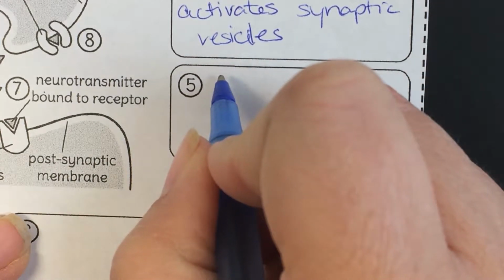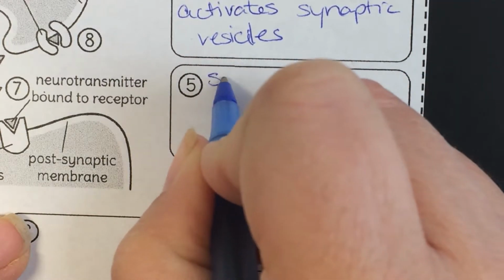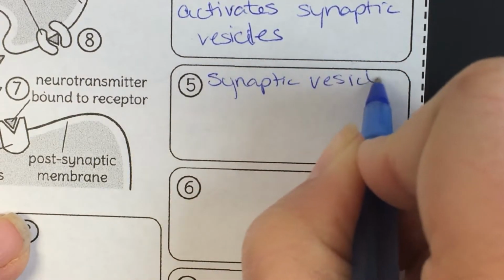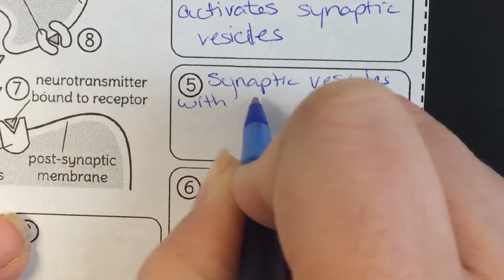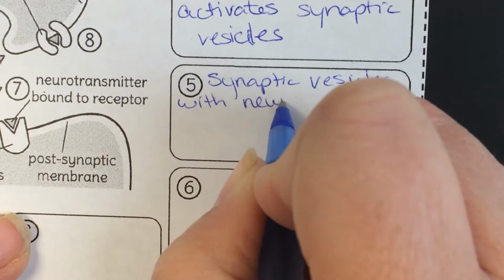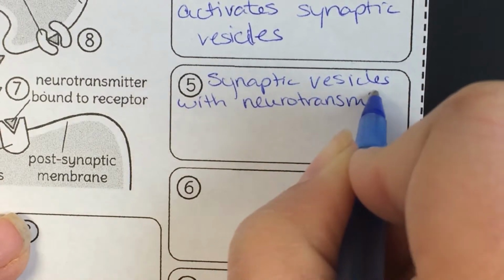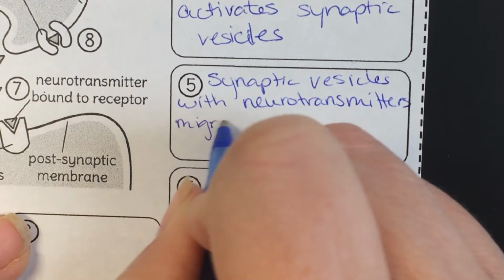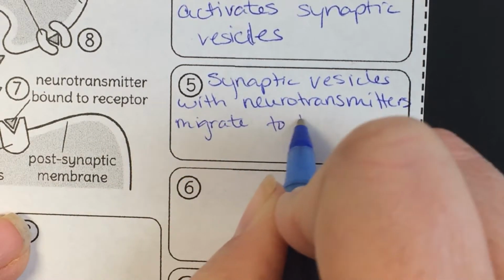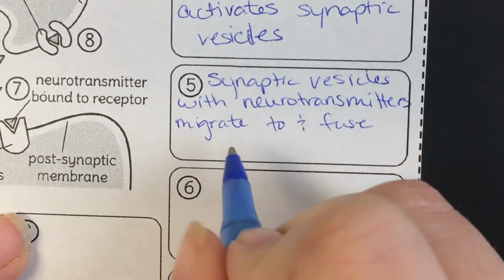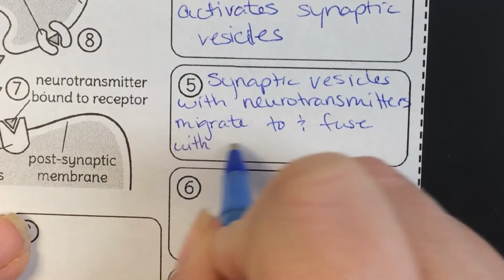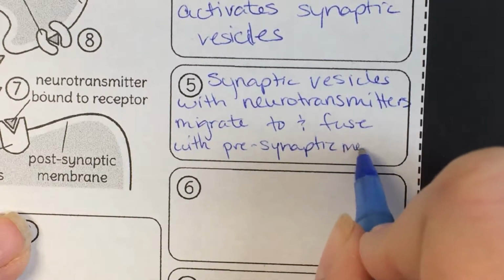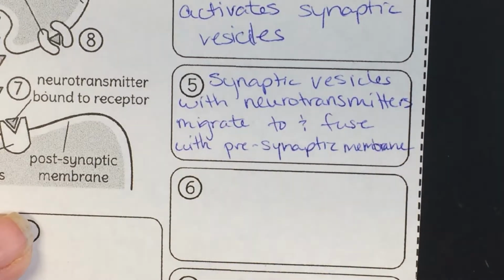So step 5, synaptic vesicles with neurotransmitters migrate to and fuse with the presynaptic membrane.